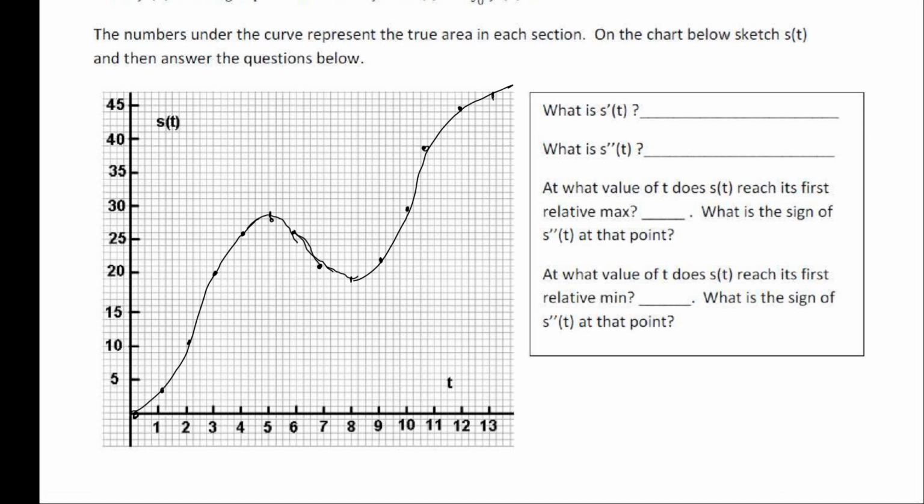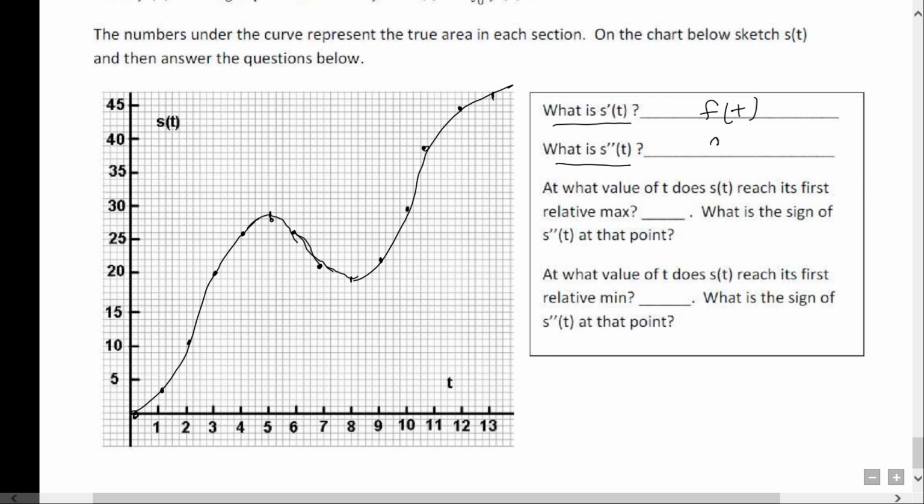Now, the question is, what is S prime of t? And we already know from the fundamental theorem of calculus that that's simply f of t. And S double prime of t would be f prime of t.